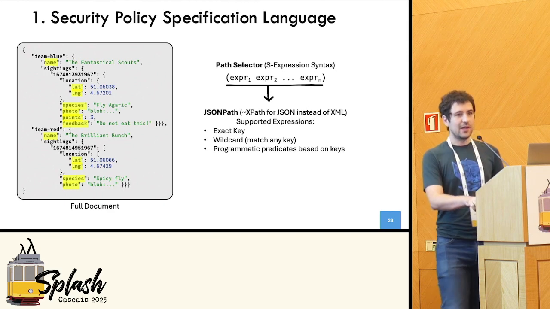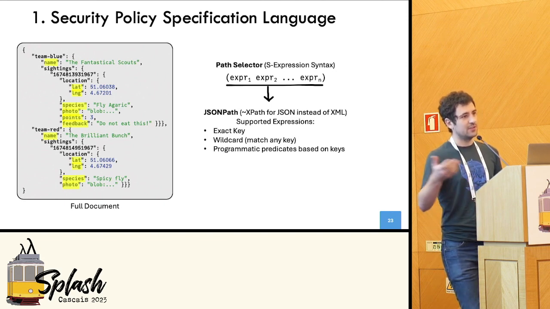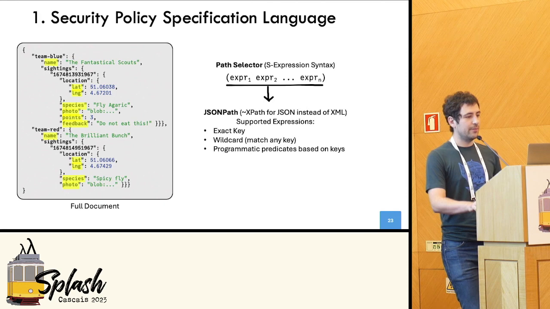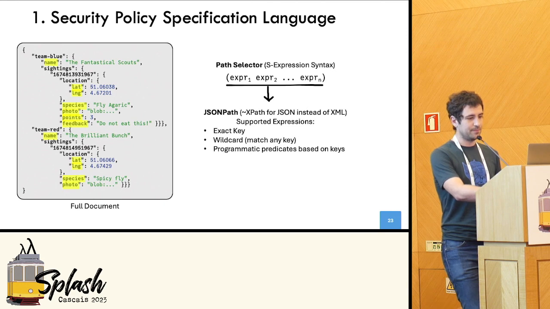Path selectors are inspired by JSONPath, which is like XPath, but for JSON documents instead of XML documents. These path selectors support traversing the object based on an exact key match, a wildcard to match any key, or more programmatic predicates based on keys, one of which I will show later.